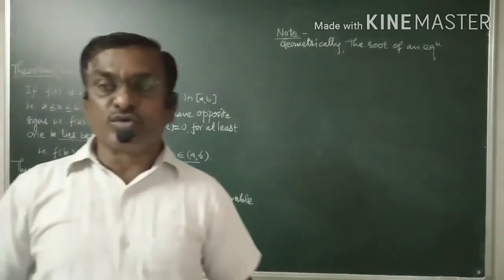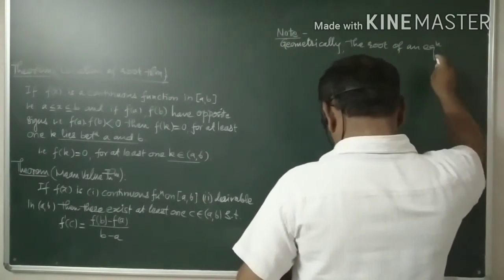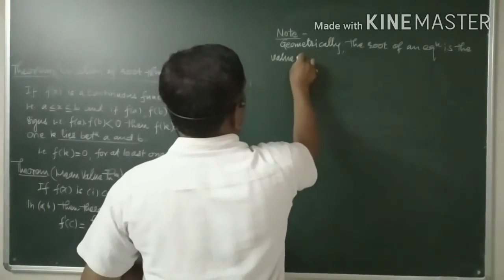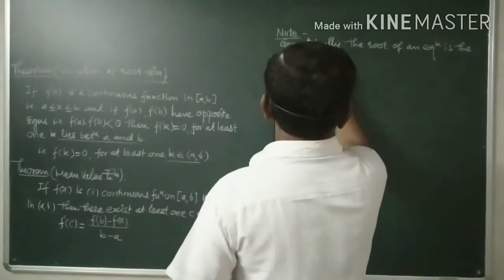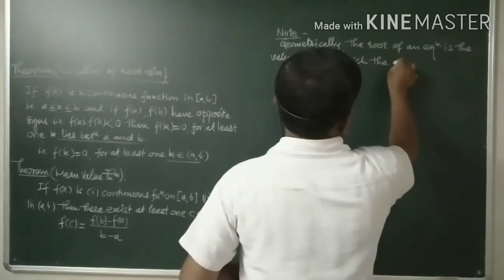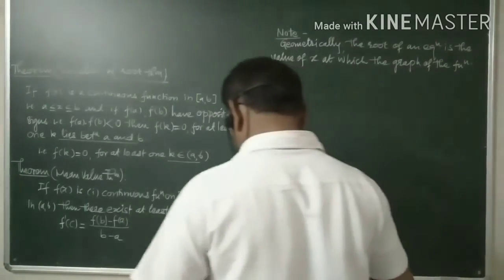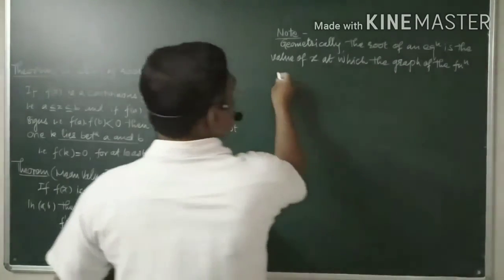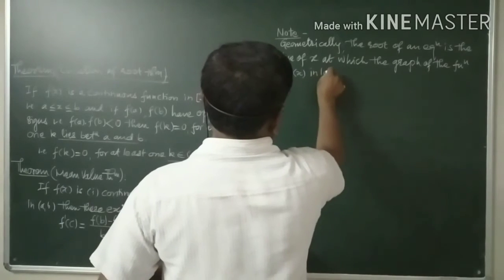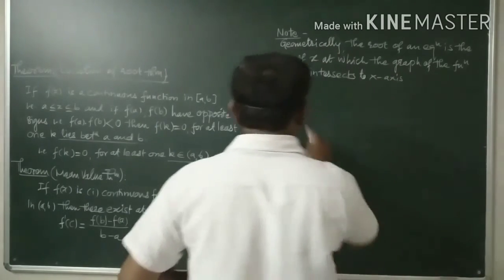What is the root of an equation geometrically? Geometrically, the root of an equation is the value of x at which the graph of the function, say y is equal to f(x), intersects the x-axis.